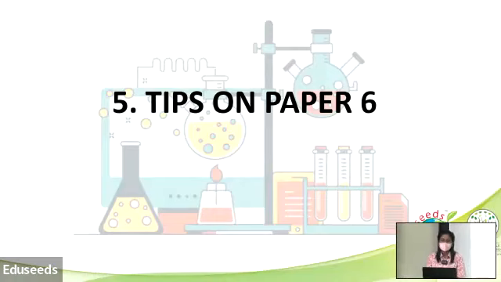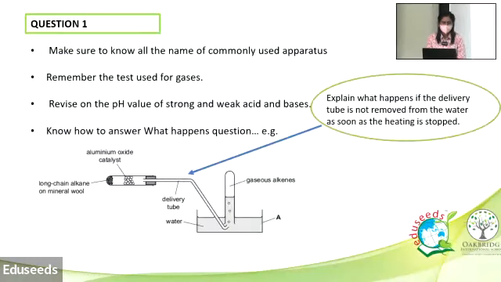Next one is tips on paper 6. If you notice, there are 4 questions in paper 6, and the topics covered in each question are roughly the same almost every year.